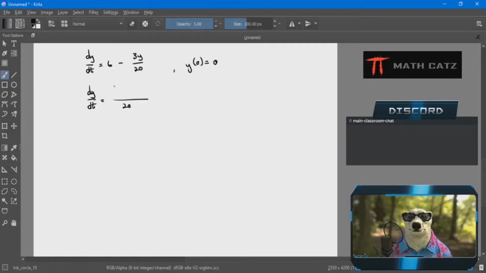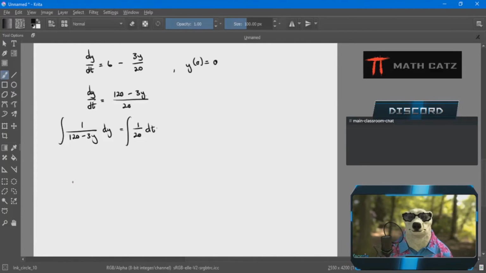So I have to put these terms together over a common 20 perhaps. So I have 120 minus 3y. Then I'll take the 120 minus 3y to the y side, and 1 over 20 can stay, and dt goes to the right, and then I integrate.